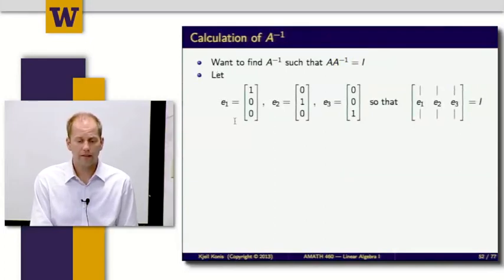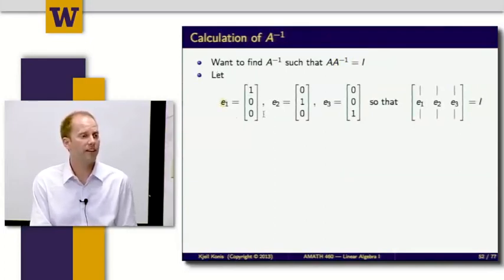So let's make some vectors here. I've used E before to mean a column vector of all ones. I'm going to add a subscript now to mean it's a vector of all zeros, except it's got a 1 in whatever position the subscript corresponds to. So E sub 1 would be 1, 0, 0.